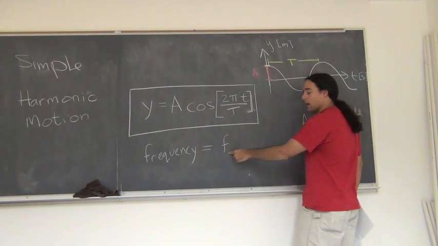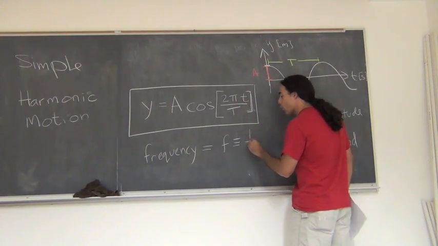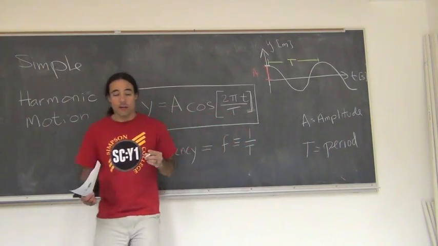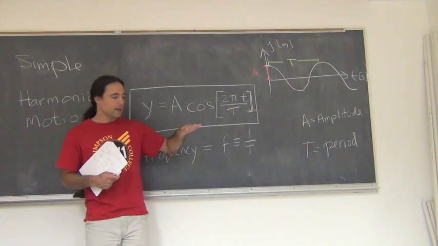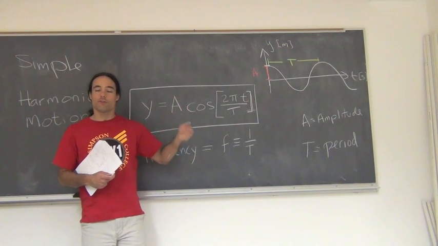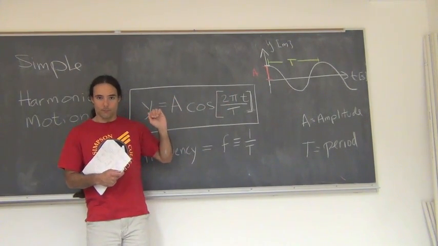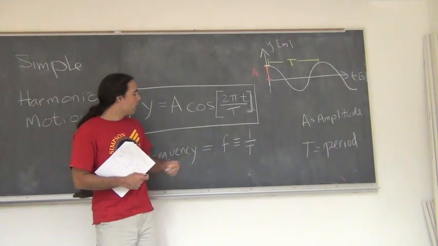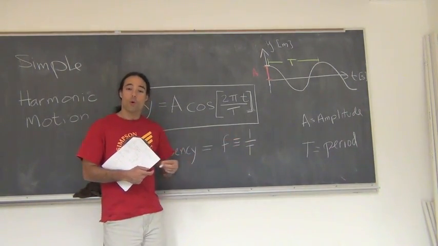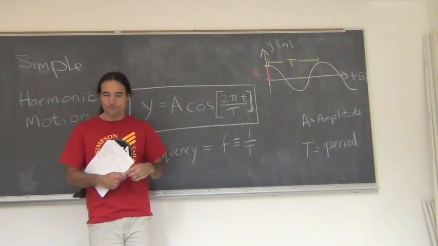We give it the symbol f. It's defined as 1 over the period. So for example, suppose my spring went up and down once every half a second. So in half a second, it completes 1 cycle. Well, then my frequency would be 1 divided by half a second. Or equivalently, that would mean that it goes up and down twice every second.